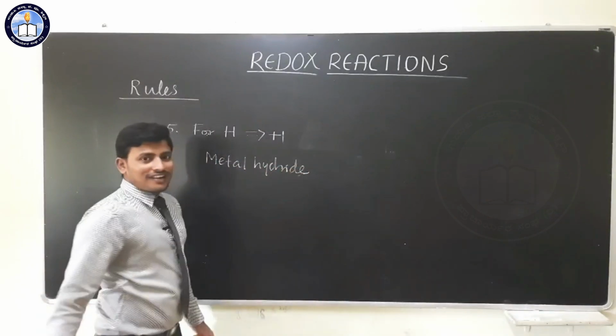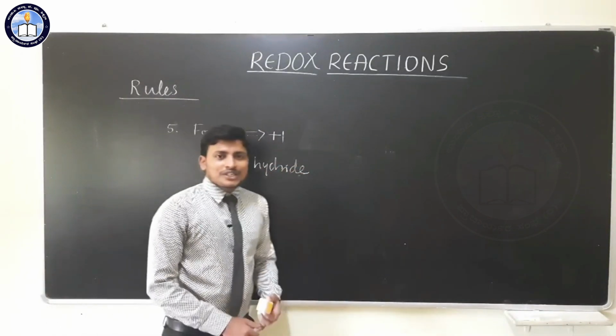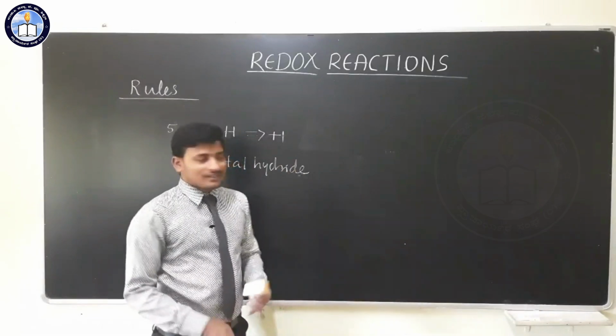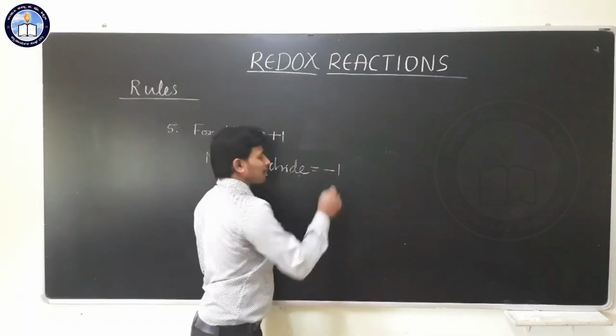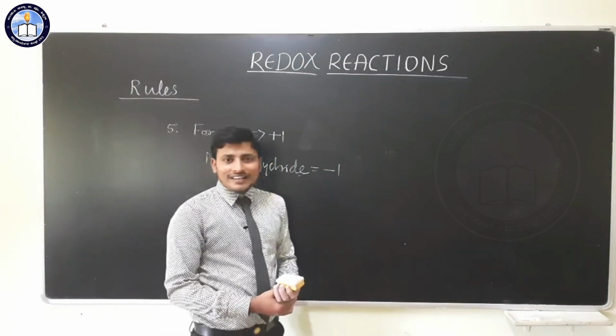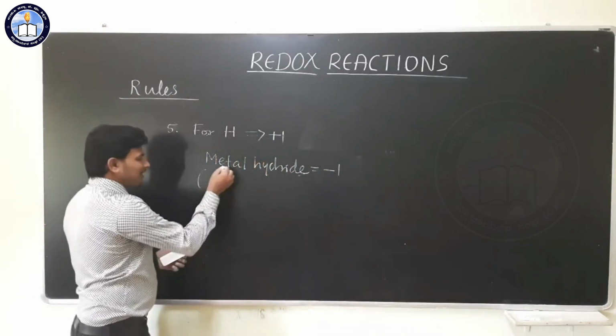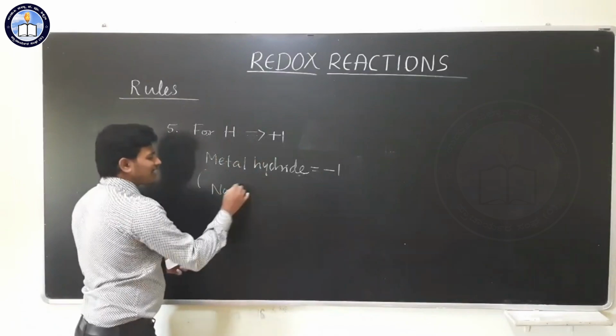In case of metal hydride, oxidation number for hydrogen is written as -1. Metal hydride means, for example, sodium hydride, NaH.